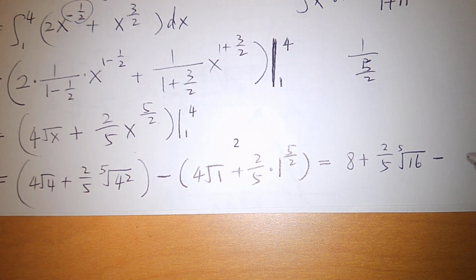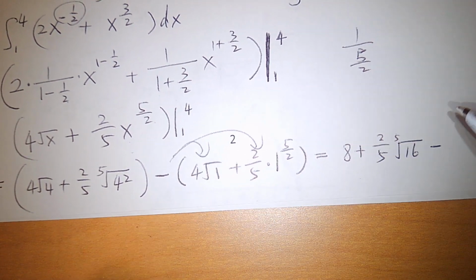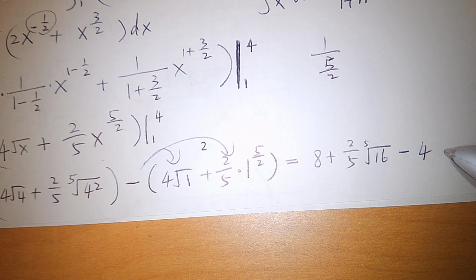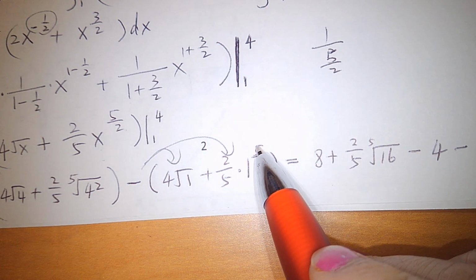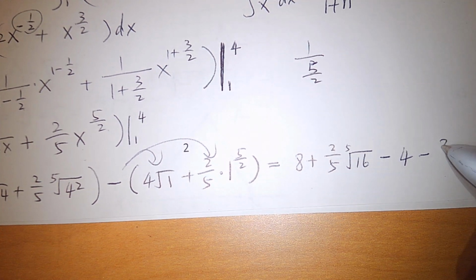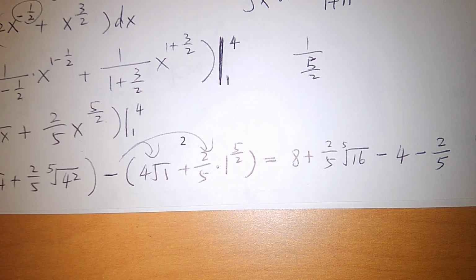And then minus 4, minus what? What is 1 to the 5 over 2 power? 1, right? You go with me, everybody? So let's see what we can have here.